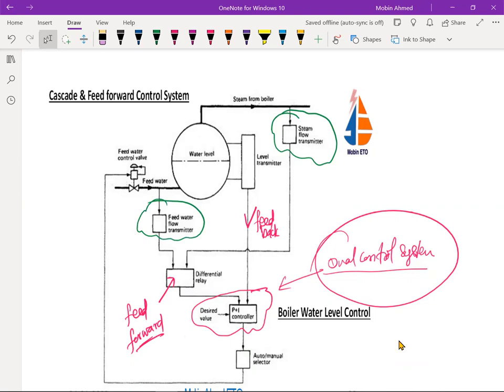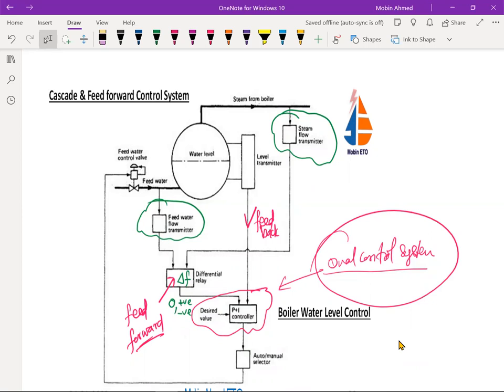It is going to come to the differential relay, that is the differential F. If it is zero, no output is coming here. And if there is an output, whether positive or negative, then only that output is given here, and directly it is going to control the control valve.